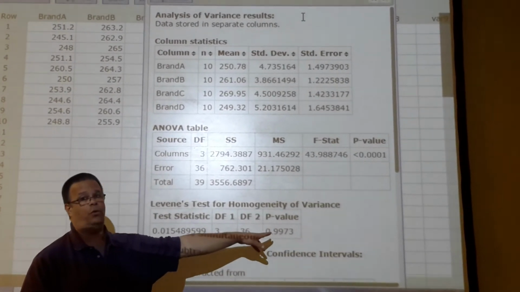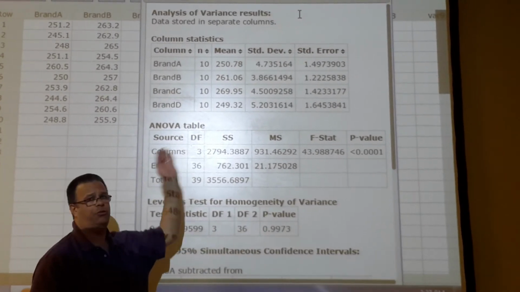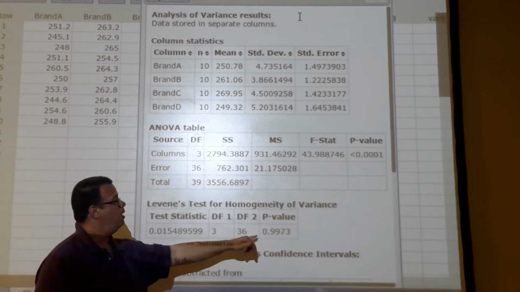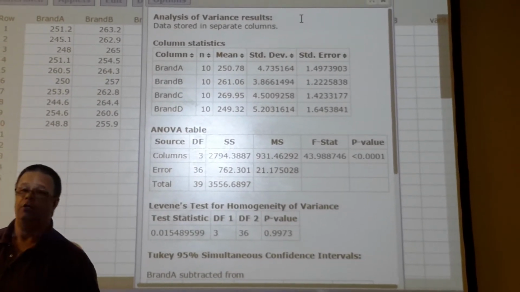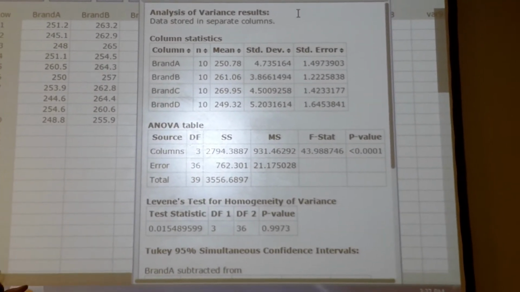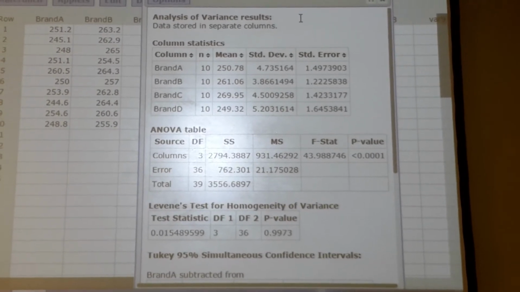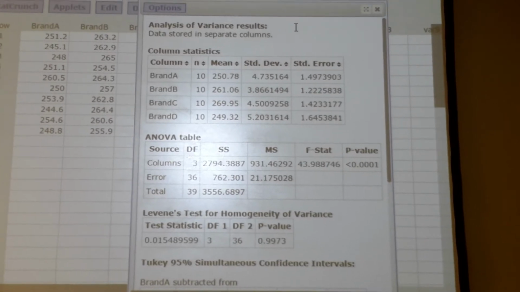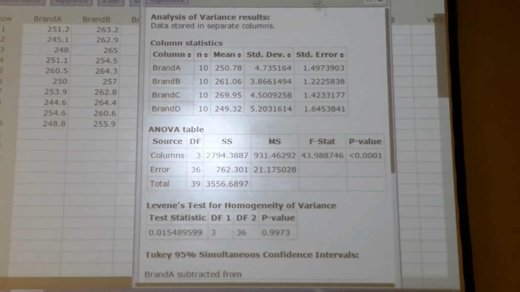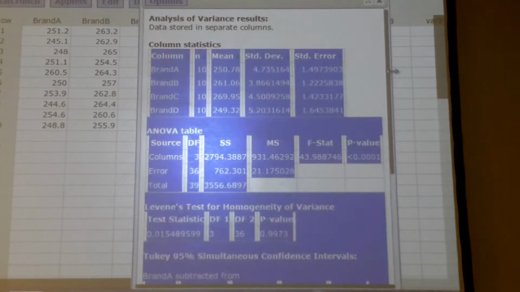If it has a p-value less than 0.05, we kind of have to throw out all of our other results. So we want that p-value for the Levene's test to be greater than 0.05, and it is, so we're good. That brings us down to these Tukey tests, and this is where we can determine where the actual differences are.